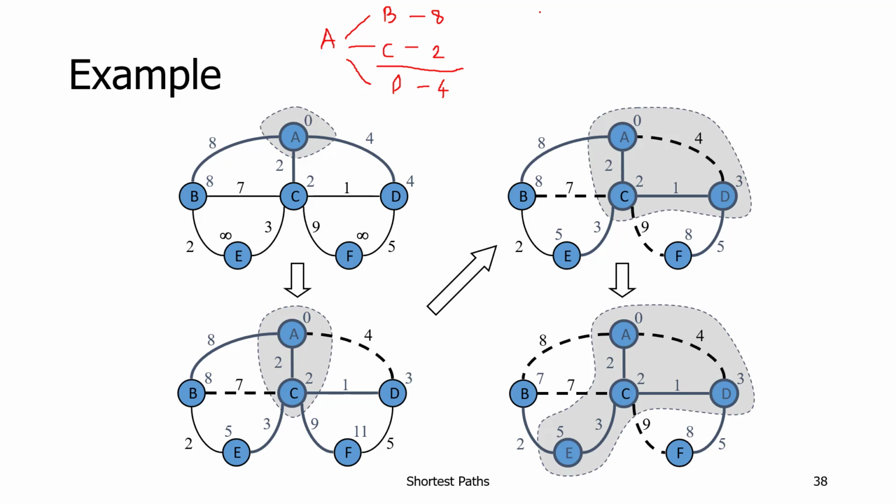I can still consider AB, because it is from A, which is 8. AC I have already considered, and I will not reconsider it because both A and C are inside the cloud. But AD I can consider.